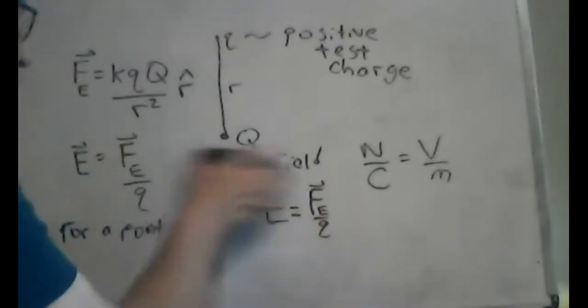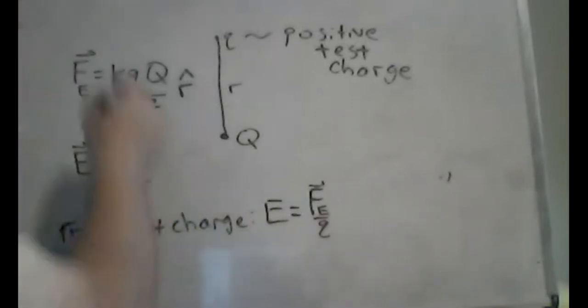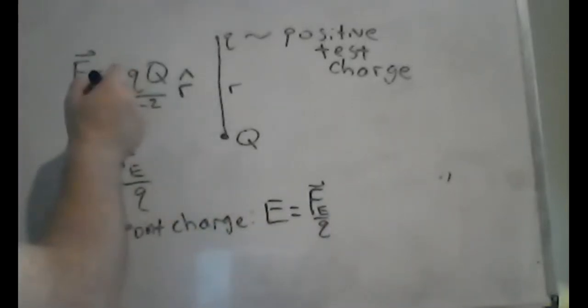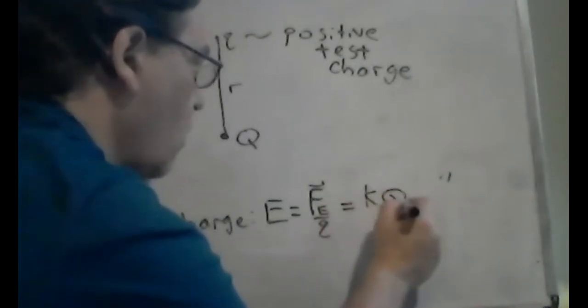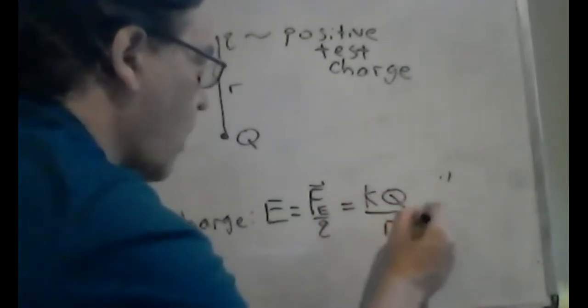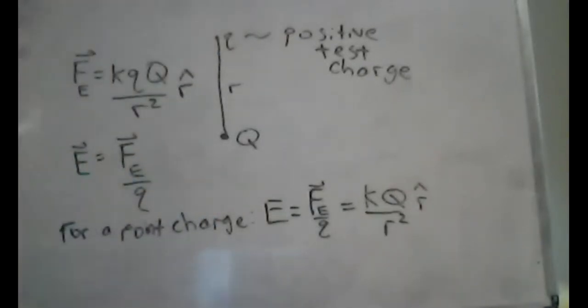Basically, divide out little q. It's just going to be k Q over r squared, r hat. That is the electric field for a point charge. It tells you that I divided out the test charge q. I don't care about it.